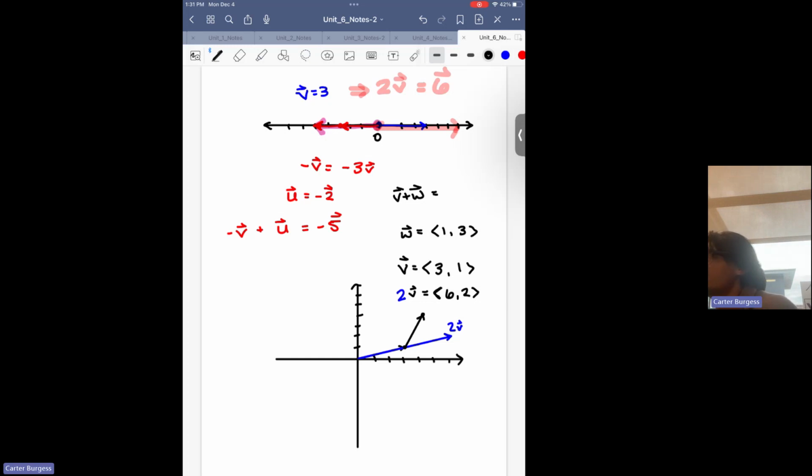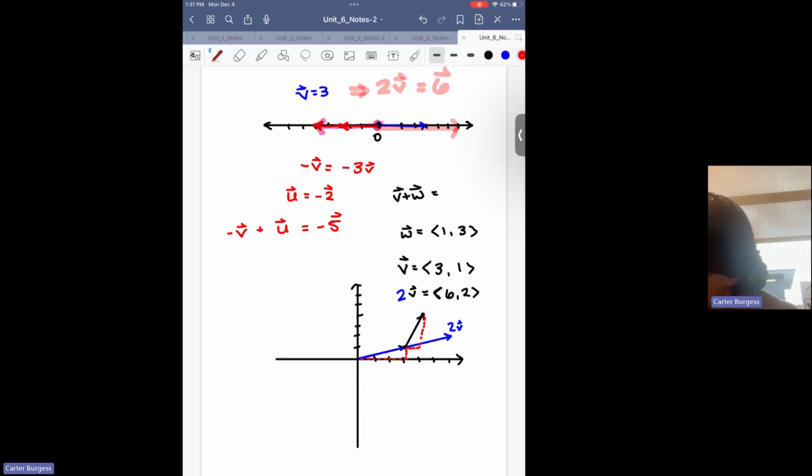Ultimately, with vectors, we are trying to figure out what the overall change in x, change in y was. We could think of traveling by our initial change in x and our initial change in y, and then our second change in x and our second change in y.